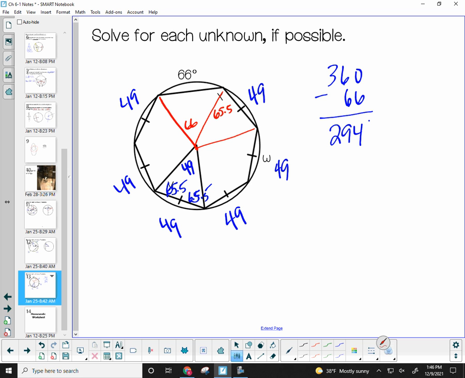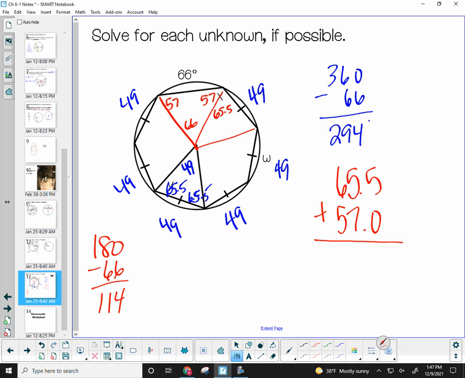Then I can solve for my missing angle. 180 minus 66 gives me 114. Divide that by 2, we get 57 and 57. Which means x is made up of 65.5 plus 57. So that is 122.5. Does that make sense?